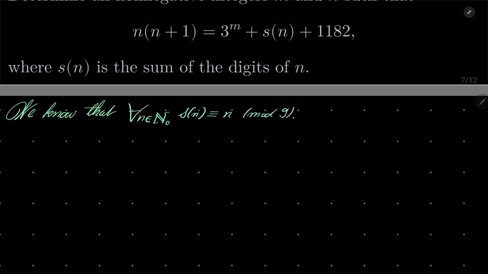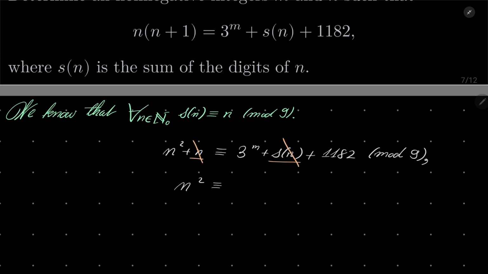In our case, we have n squared plus n on the left-hand side congruent to 3 to the power of m plus S of n plus 1182 modulo 9. Now, n is congruent to S of n, so we can cancel these terms. And we get n squared is congruent to 3 to the power of m plus 1182, and this number is congruent to 3 modulo 9. Pretty easy to check that.